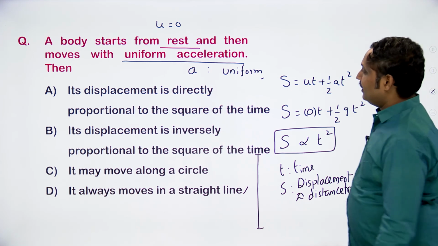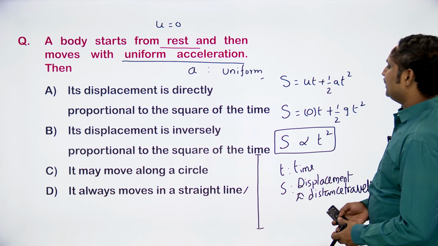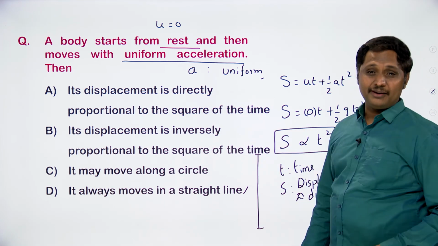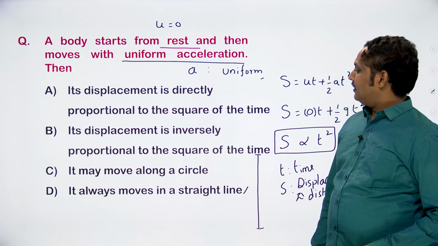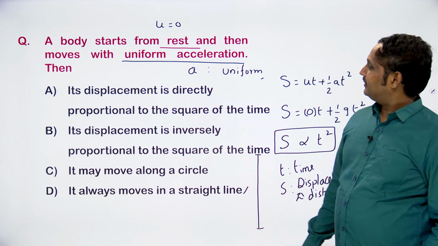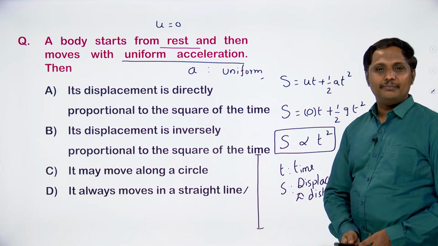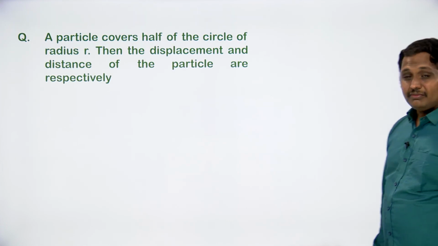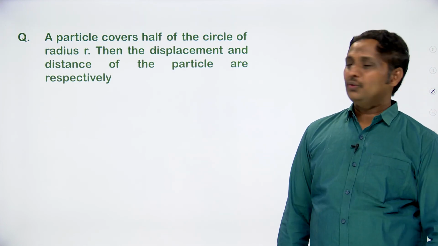So from that we can conclude that its displacement is directly proportional to the square of the time. Always moving in a straight line is also correct. From all these things we can confirm, right. Okay, let us have another one.